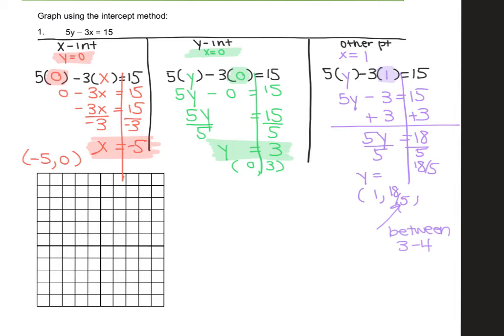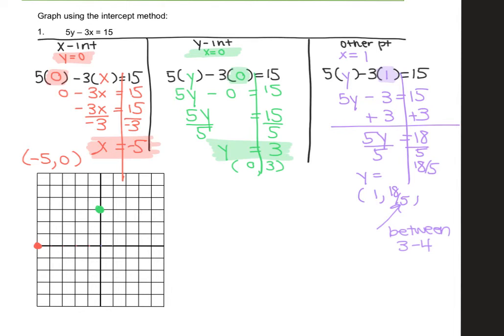Negative 5, 0 is over here, and I knew it was an x-intercept, so this fits because it should be on my x-axis. 0, 3 is up 3, and it was a y-intercept, so again, this all is fitting. And now I have this third point, which says I should be over 1, up between 3 and 4.